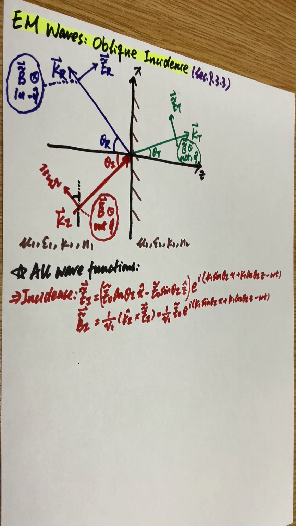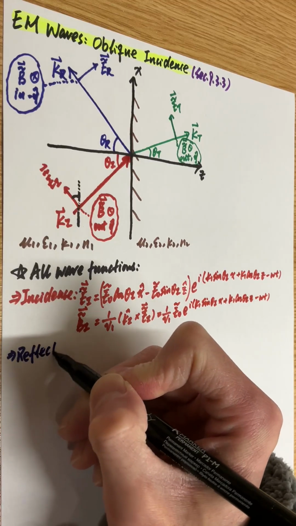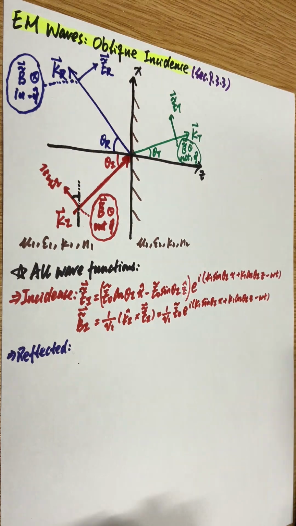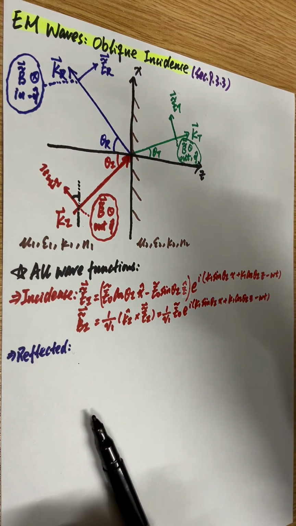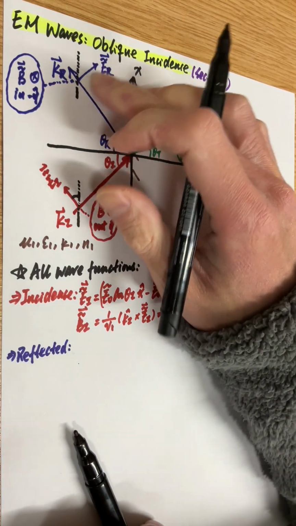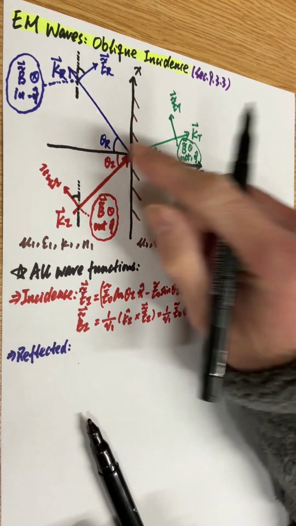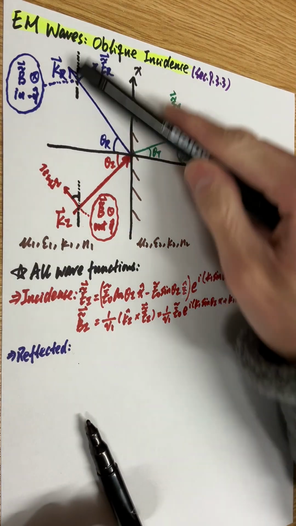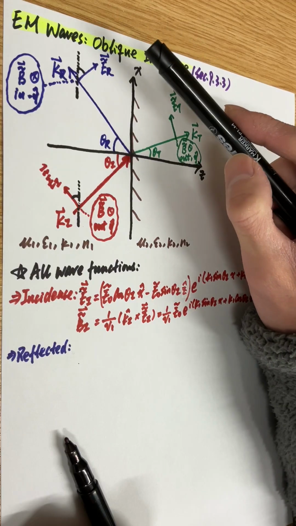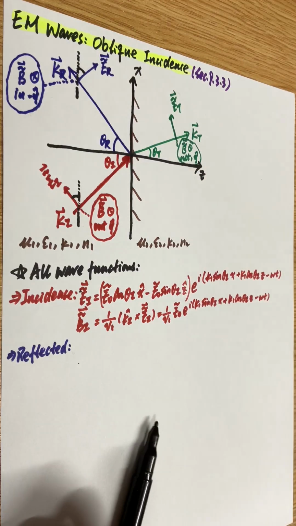Similarly, for the reflected wave, we draw a line that's parallel to the surface when we try to express the polarization here. So this angle is equal to theta r. So the vertical component would be the amplitude of ER cosine theta r, and the horizontal component would be the amplitude of ER sin theta r.